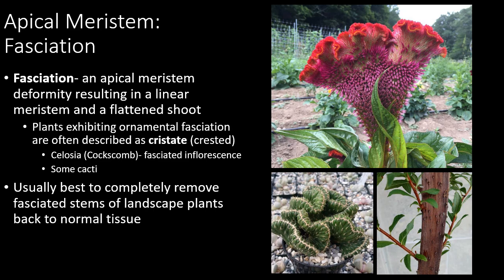So the best thing to do, in my experience, is to go back all the way into some definitely normal tissue, and just prune that branch off, so that you get some normal stems growing back, that will tend to look better. Fasciation is something that is desirable in some plants, but in others, it just doesn't really look that good. It's more of just a curiosity.